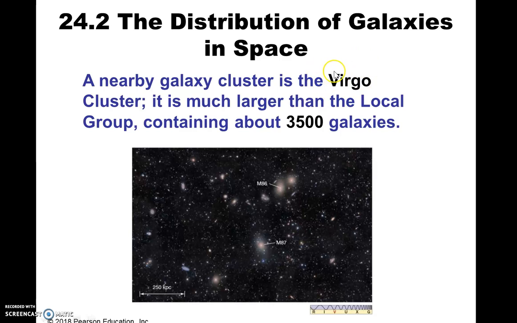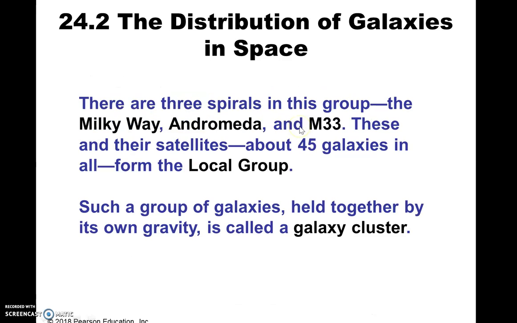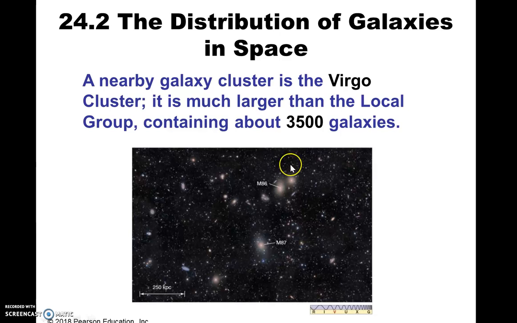called the Virgo cluster. So remember, our local group had maybe 50 galaxies or so, with just 3 of them large galaxies.